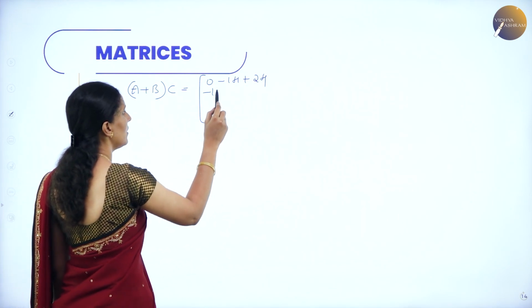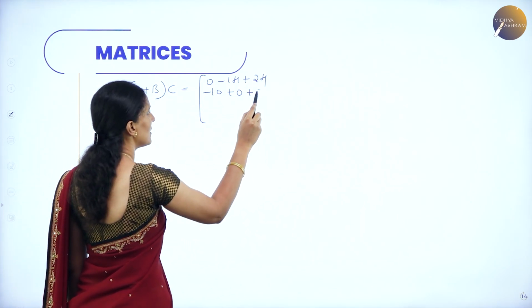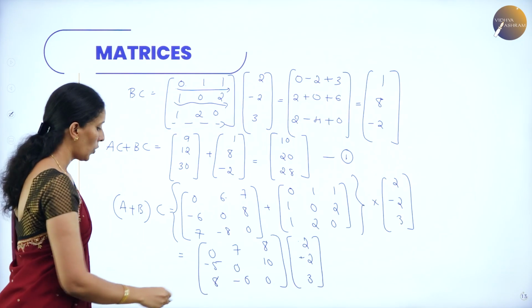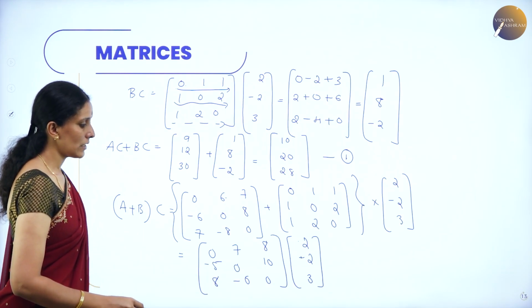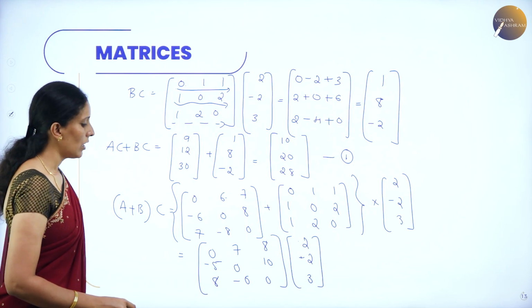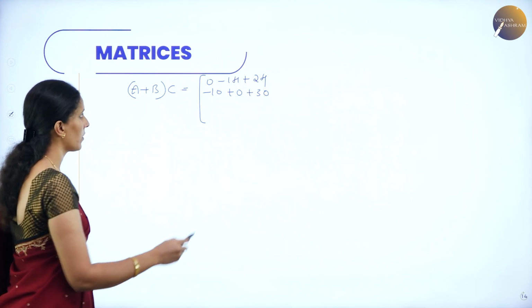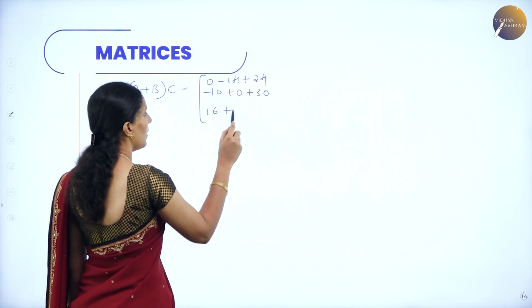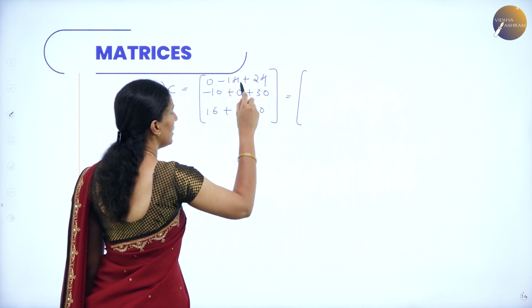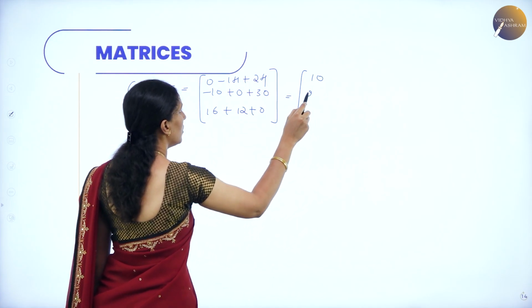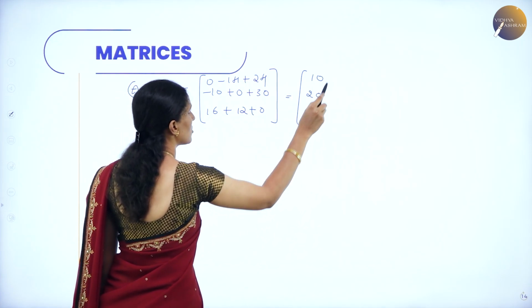So minus 10 plus 0 plus 30. Next, with the last row, 8 2s are 16, minus 6 into minus 2, 12, 3 0s, 0. So 16 plus 12 plus 0. Let's add this up. Then we will get here 10, 20, 28.